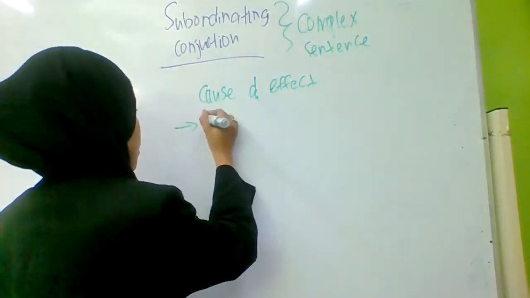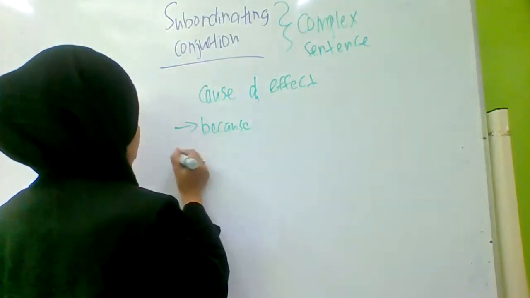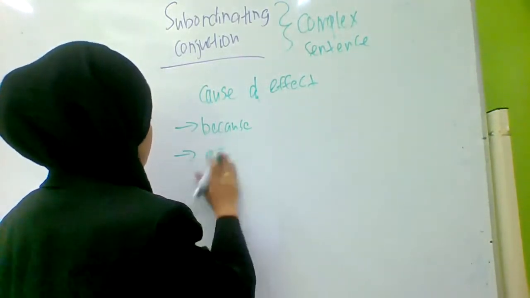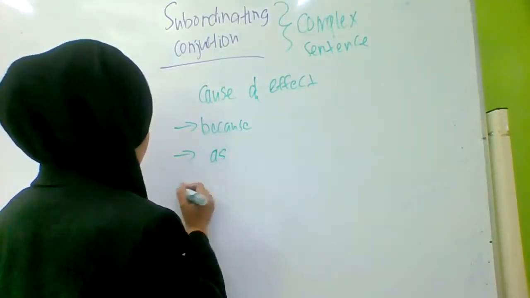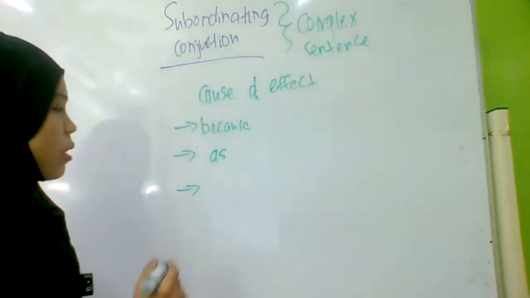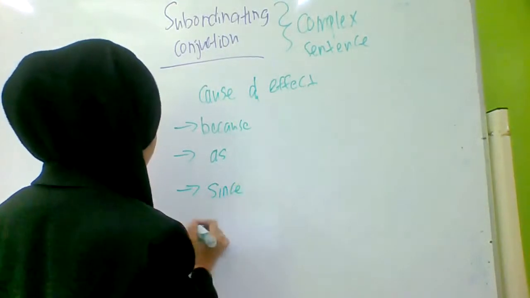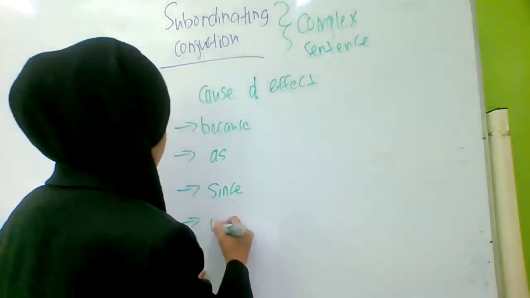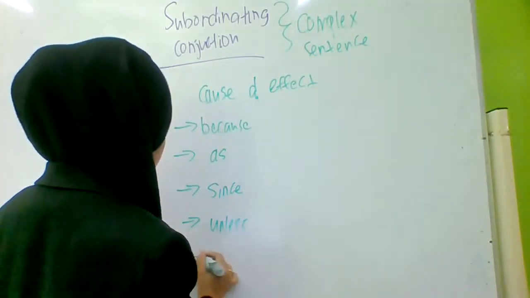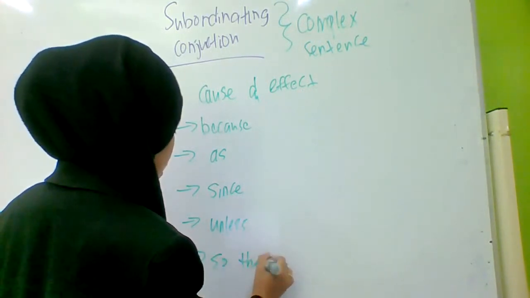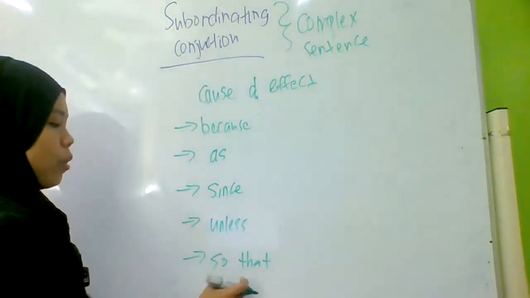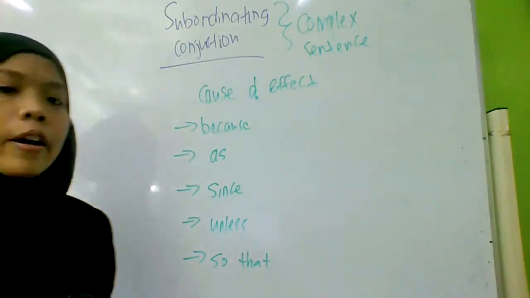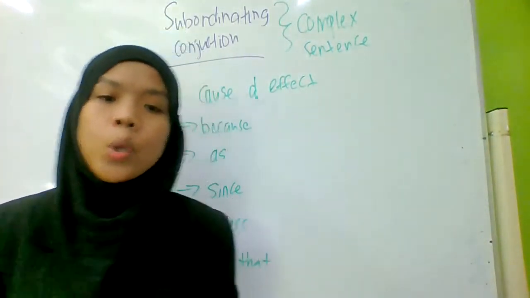Instead of using because only, we can also use as, since, unless, and so that. That's different: with just so, we use a coordinating conjunction, but this one is so that. So we have five subordinating conjunctions that show cause and effect.